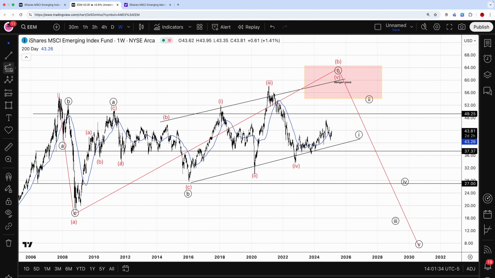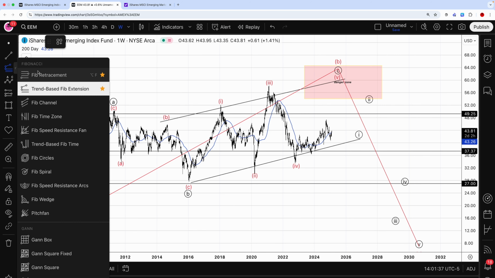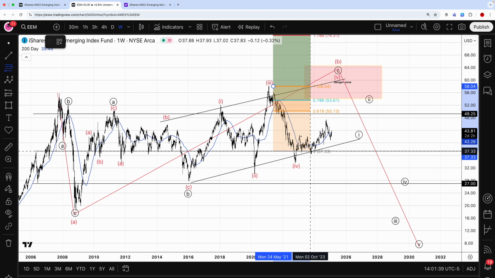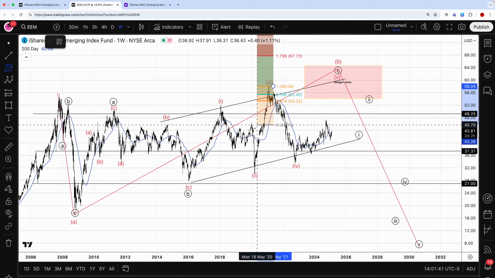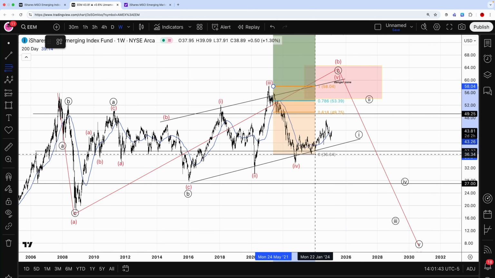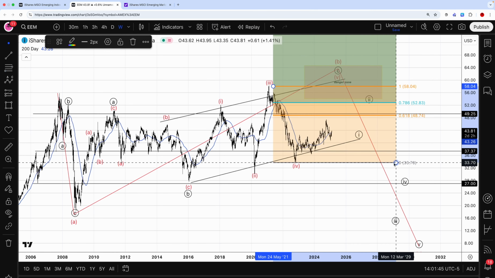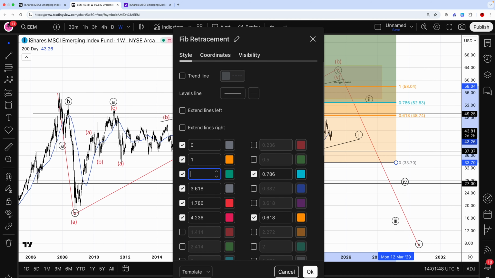And what we can do is take a fib from our wave 3 high of your C wave, or of your C wave of your B, and take a look at all of these fibs here.